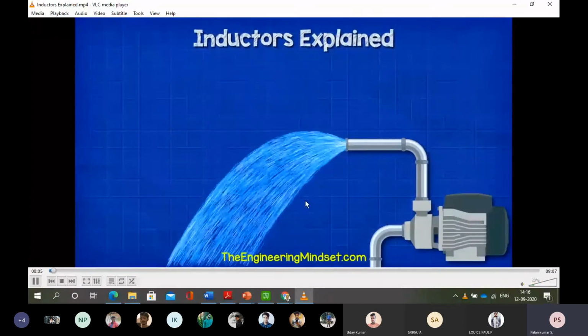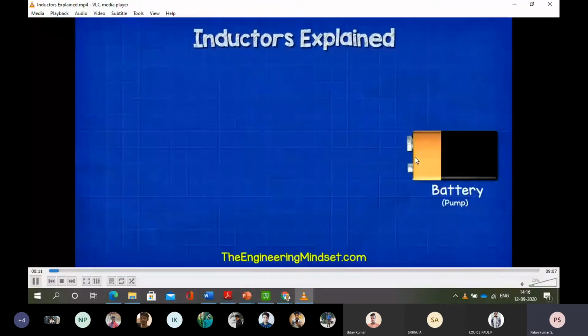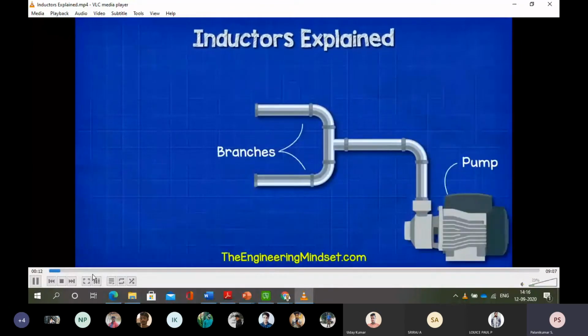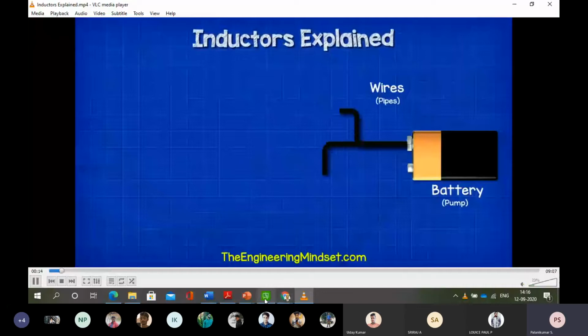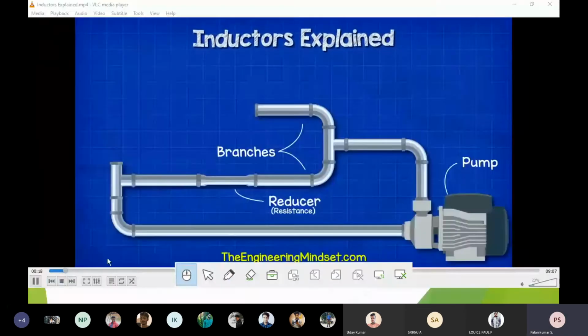As I told, similar to a pump, I am taking a battery. Whenever I am connecting a pump, assume that it is having two branches.